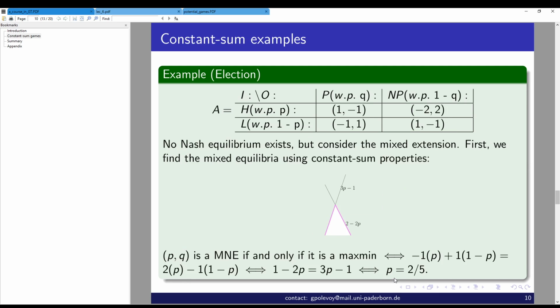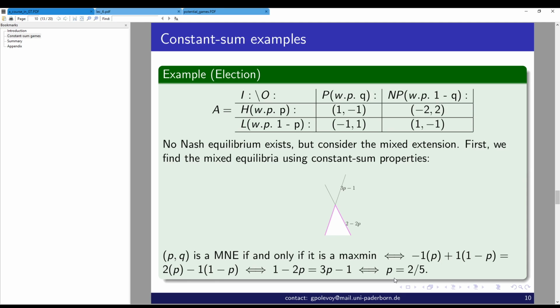But we know that we always have a Nash equilibrium in the mixed extension because it's a finite game. So let us find all the mixed Nash equilibria. First, we're going to find them using the properties of a constant-sum game. We can also find them using the properties of mixed Nash equilibria, but first we're going to use the properties of that.